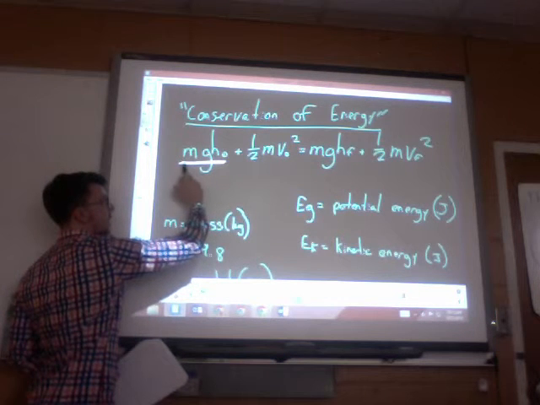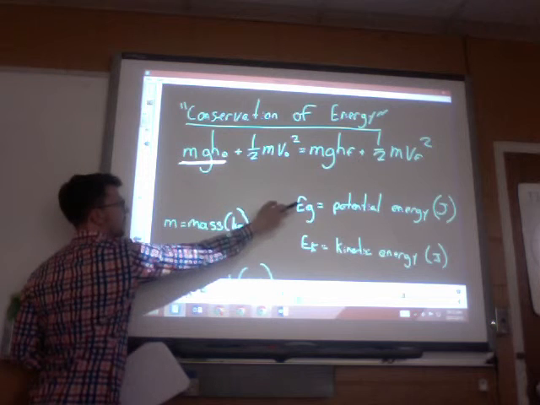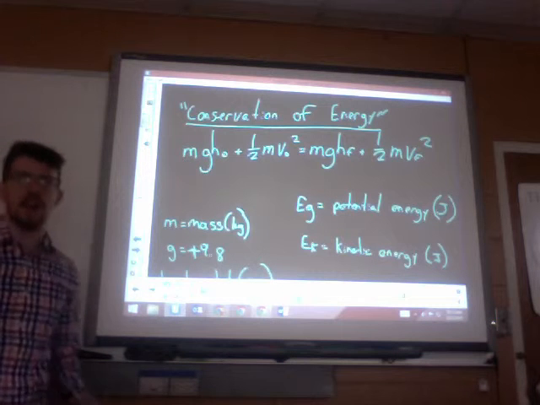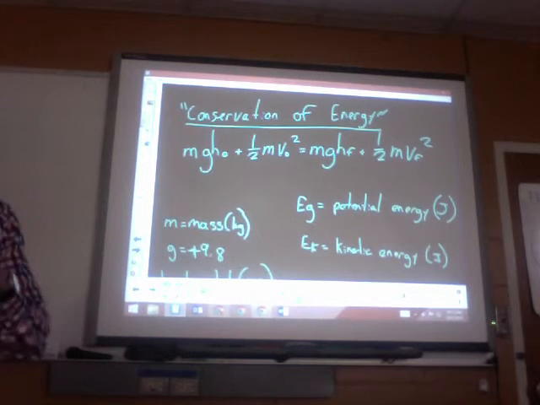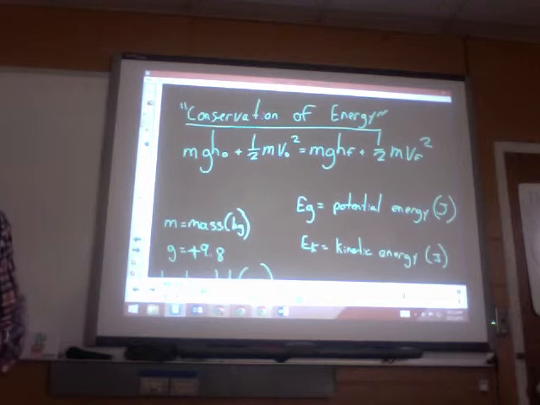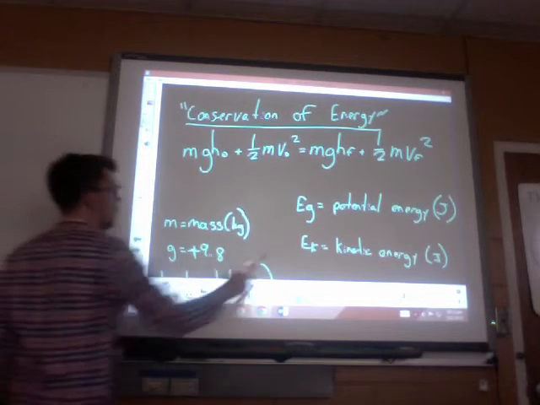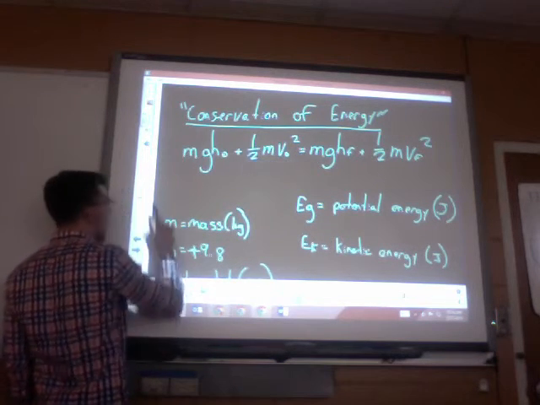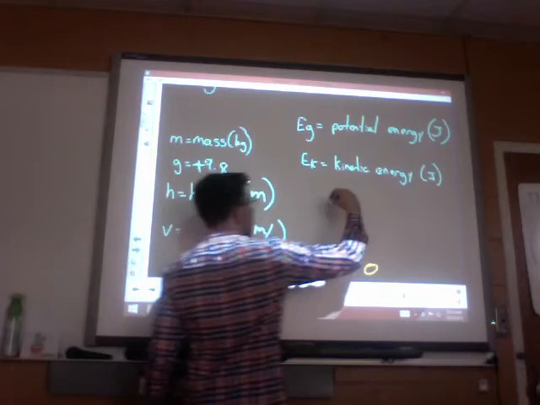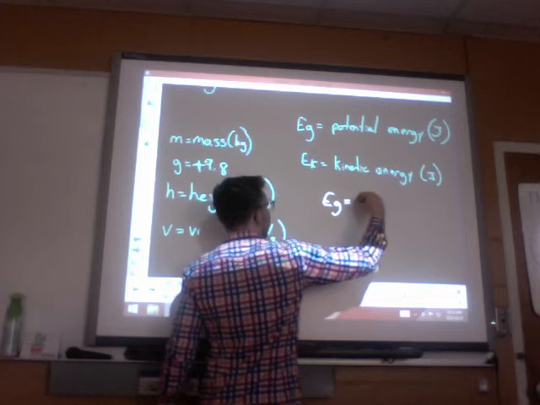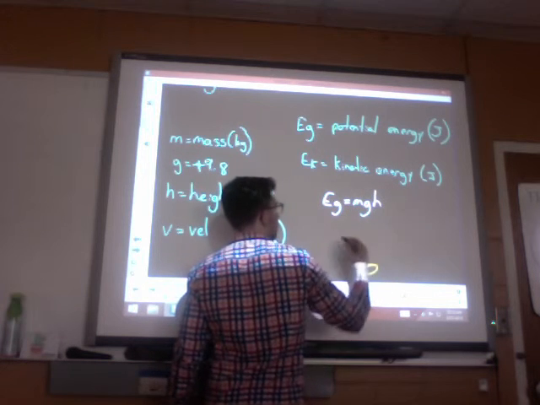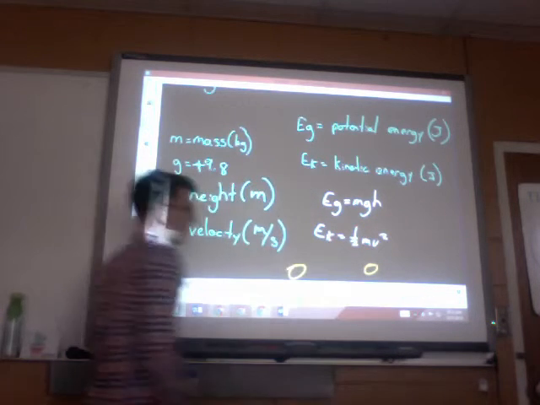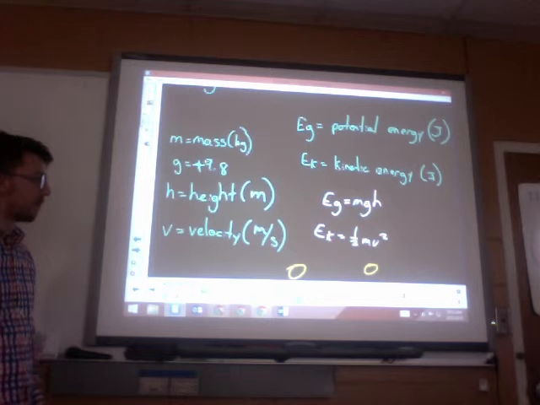Here's G, there's G, so they're both potential energy. What is kinetic energy? If something has kinetic energy, what's it doing? It's moving. If something has kinetic energy, it's moving, which kind of brings us to velocity. You don't really have to memorize that. I'm going to give you equations on the test like this. It'll say EG equals mgh, EK equals 1/2 mv squared. So one of those mini equations will be replaced.